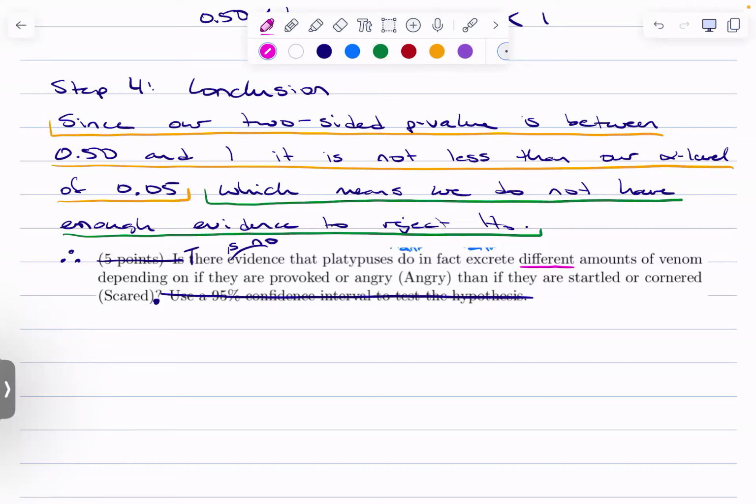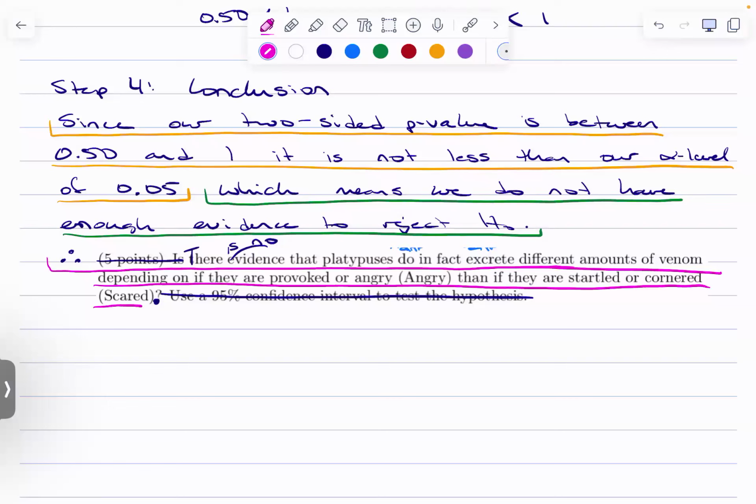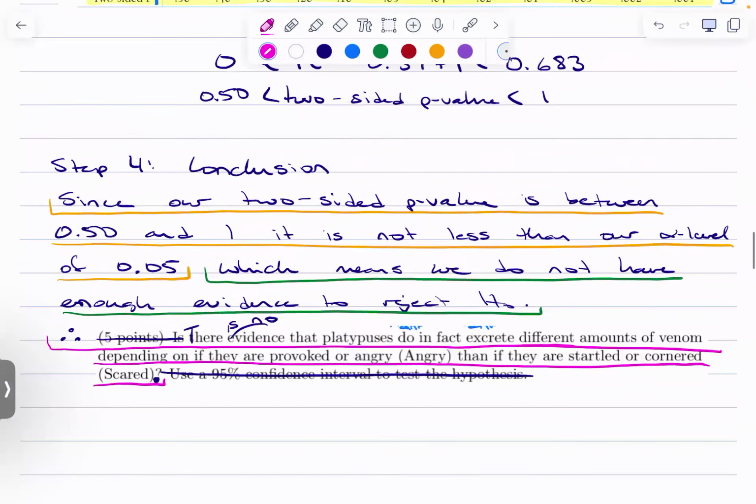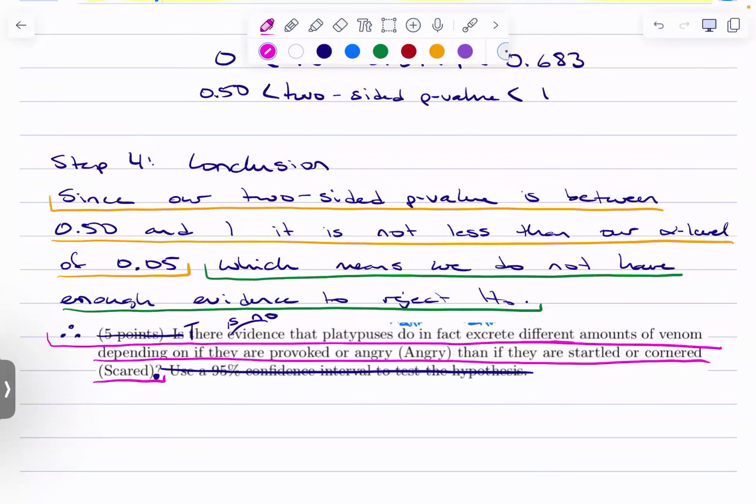And then finally, arguably most importantly, but I always do a cheeky copy paste of the conclusion in terms of the question, right? That's the one everyone loves to forget about. 3 marks.